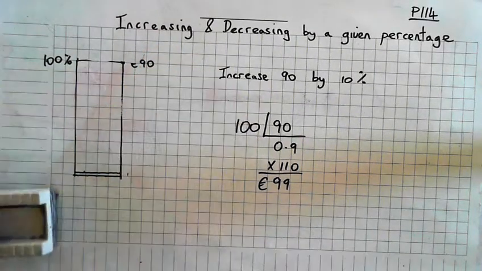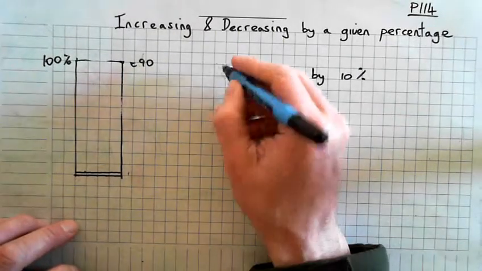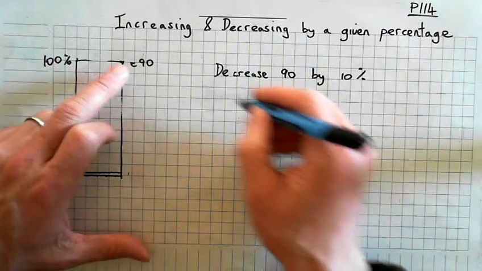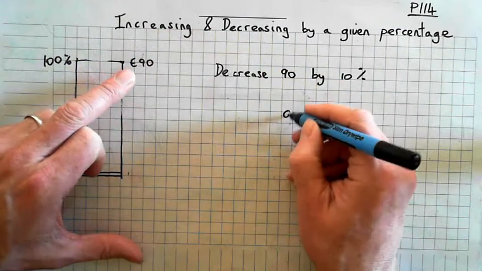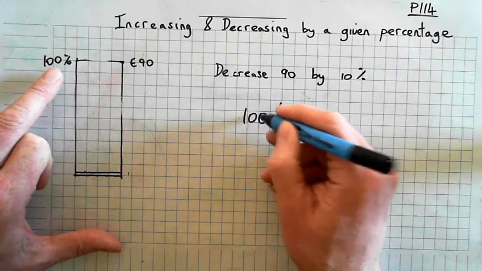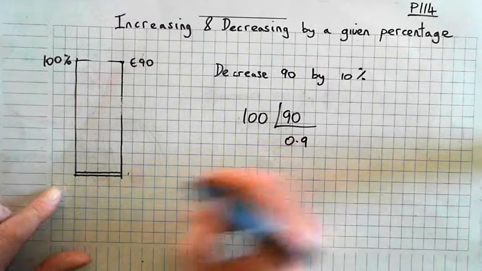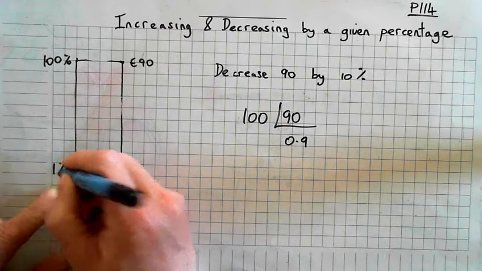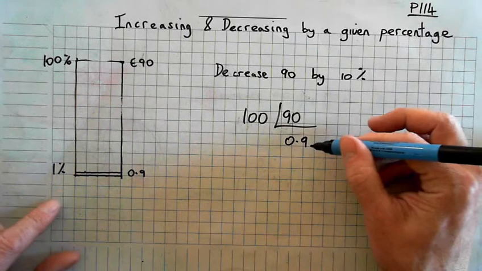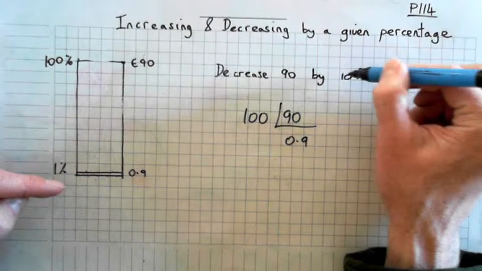Right, we'll take the same numbers. What happens if I want to decrease it? Well, I start off in the same manner. I take my amount of money, 90 euro. That's 100%, so I'm going to divide by 100 to break it up into 100 pieces. This is 1%. Now I have to decrease by 10%.